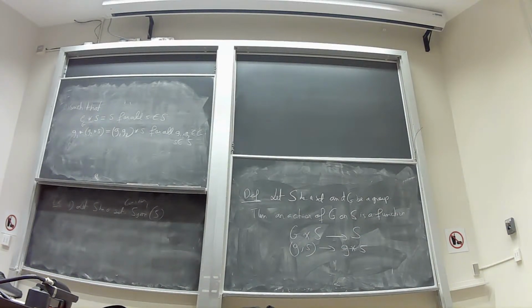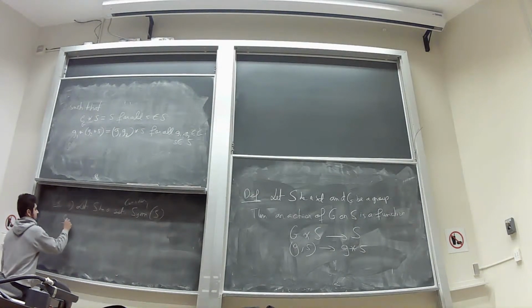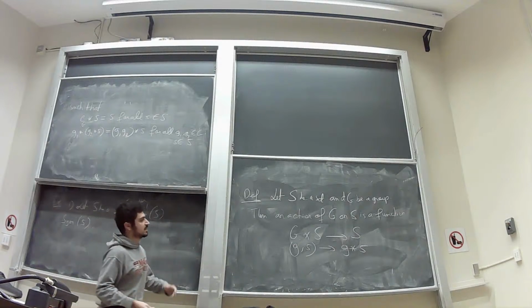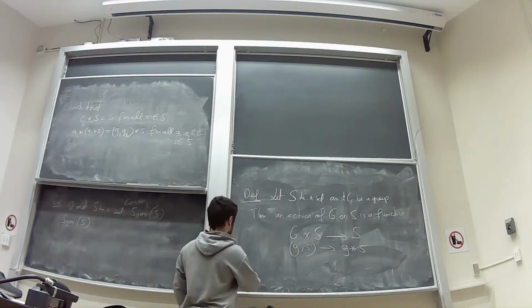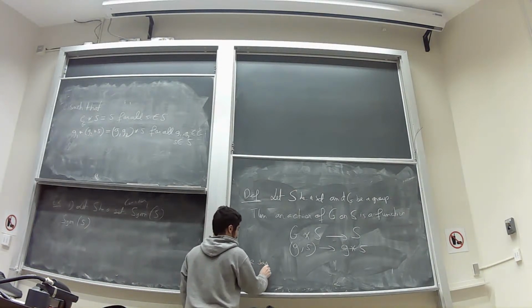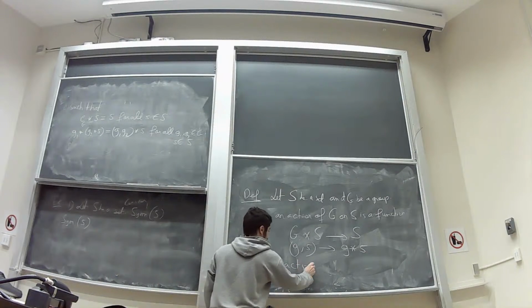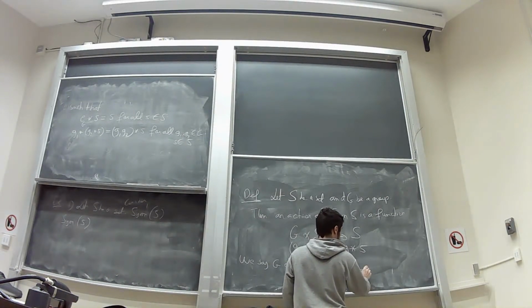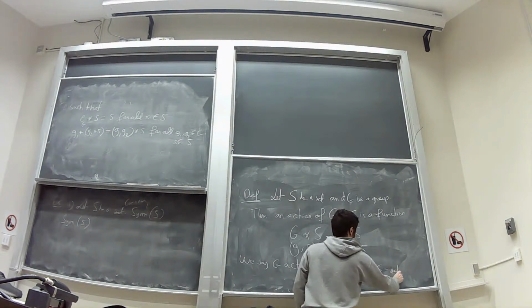It's just the bijections from S to S. Then I can define an action. We say G acts on S, basically, or another word, that S is a G-set.